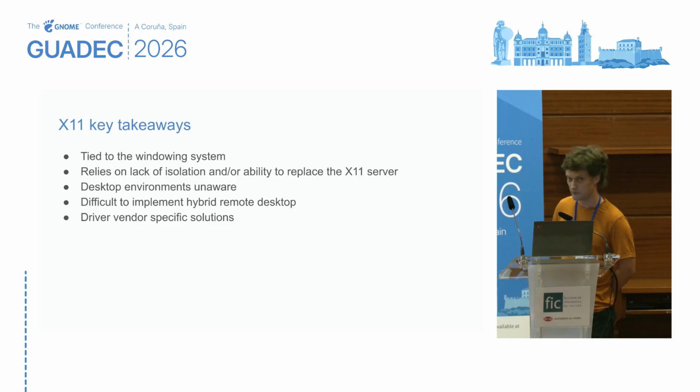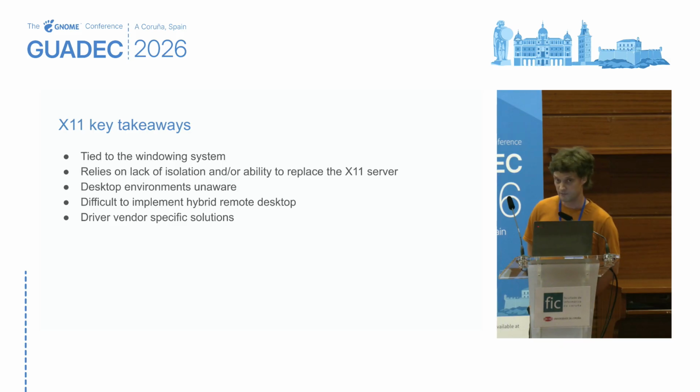Desktop environments were not really aware. There were some clever hacks to look at extensions just to make some assumptions that if that kind of extension is there, then it's a VNC server and things like that. But the desktop environment was not aware, so there were no adaptations that could be made necessarily.